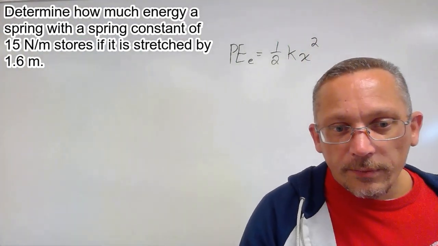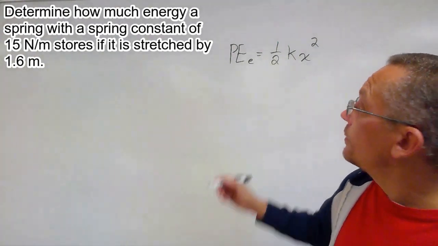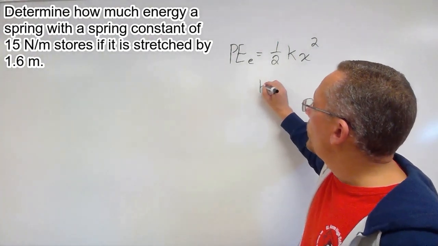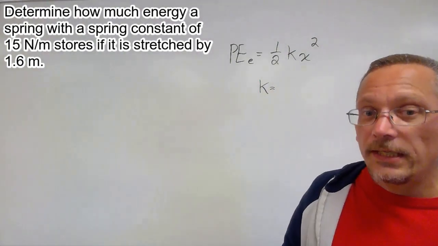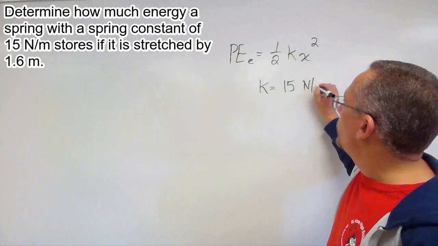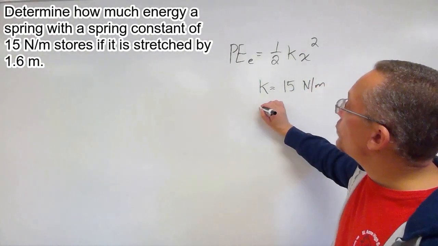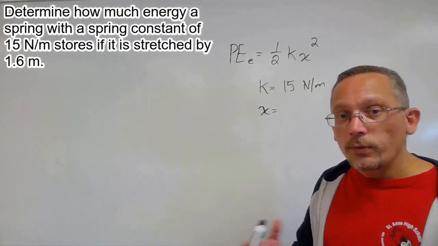Now what does the problem tell me? The problem tells me that the spring constant, K, is 15 newtons per meter. And it says that the amount that it's stretched is 1.6 meters.